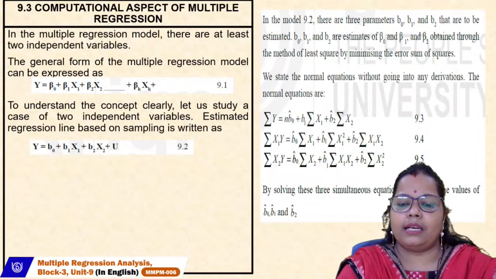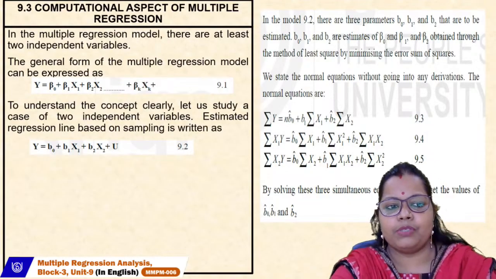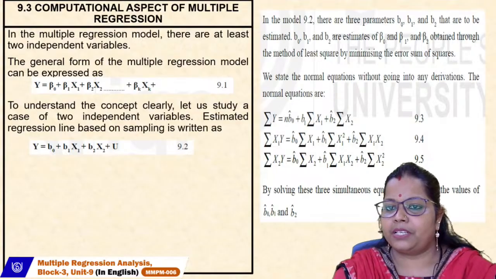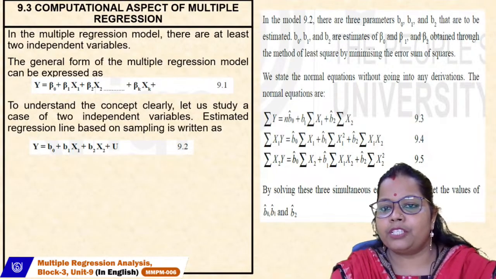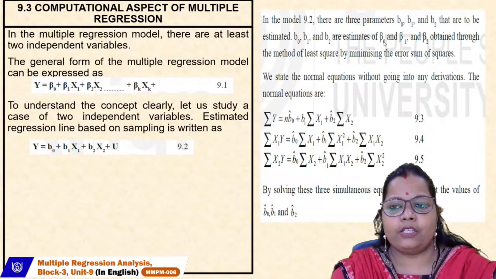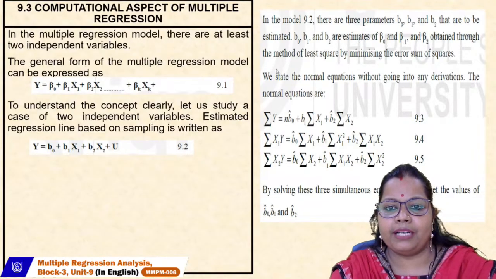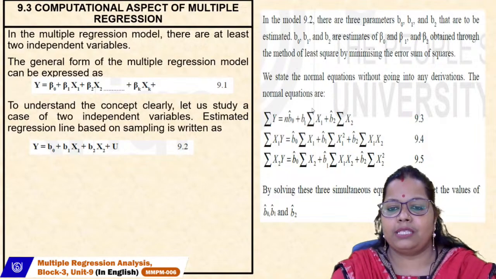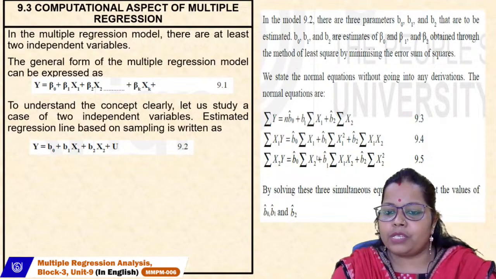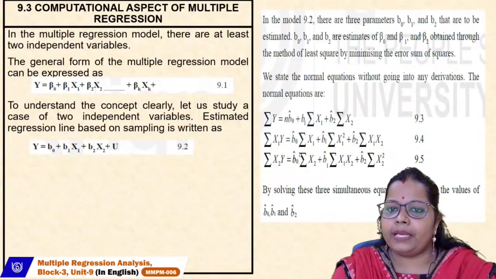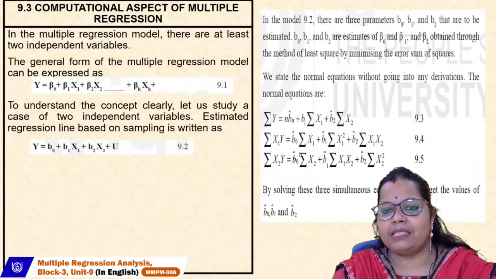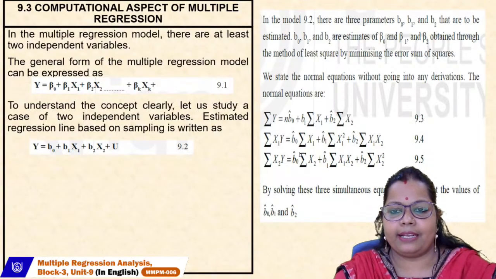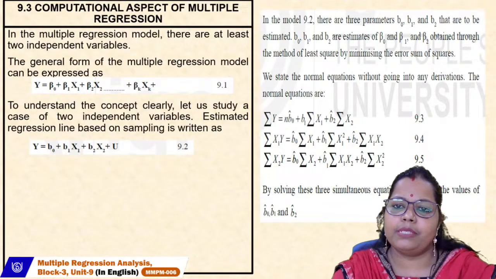These three equations will give us estimated values which will help us put them into the multiple regression equation. So b0, b1 and b2 are the estimates of beta 0, beta 1 and beta 2 obtained through the method of least squares. These are the normal equations, and they will be solved by the method of least squares by minimizing the errors that will definitely exist. Why is this error term coming?